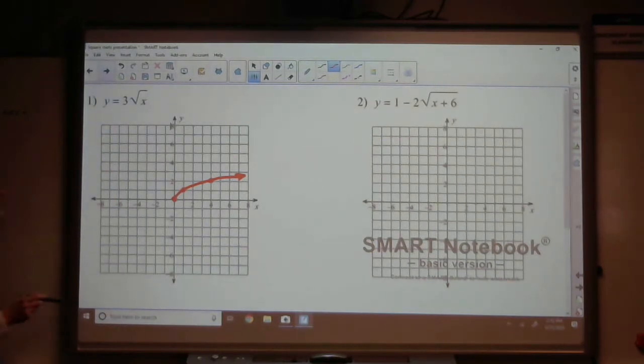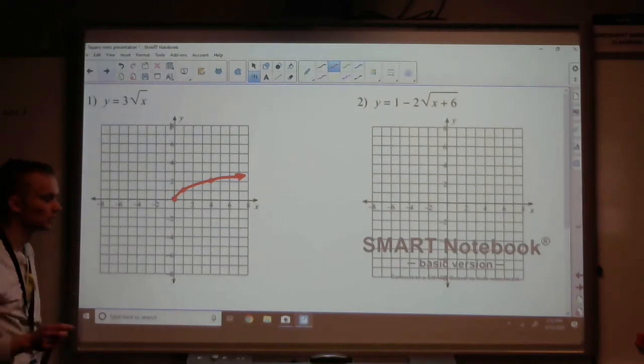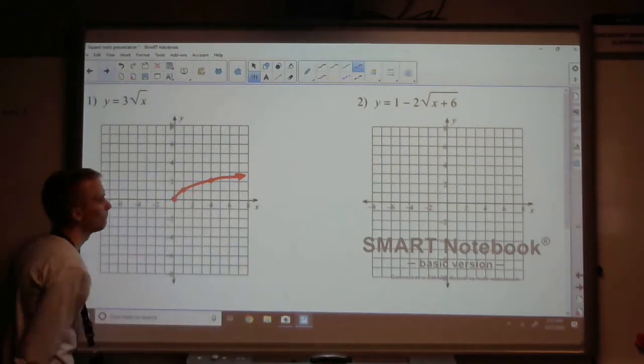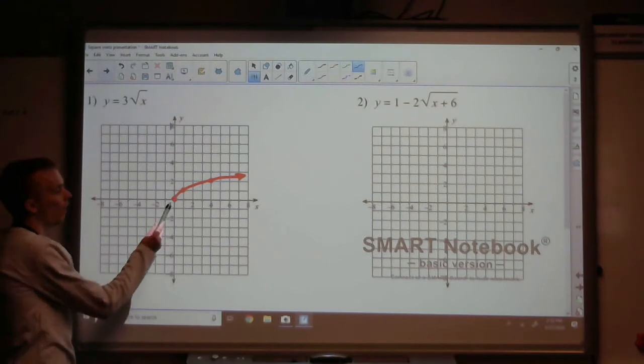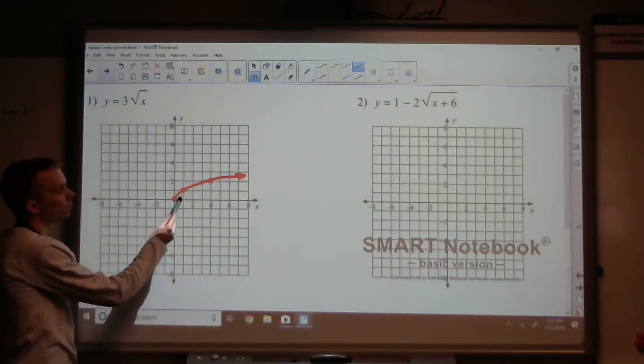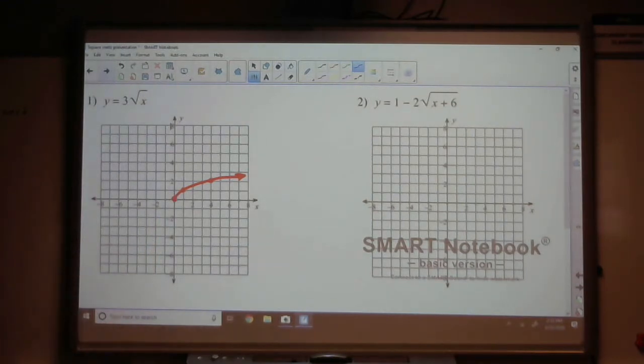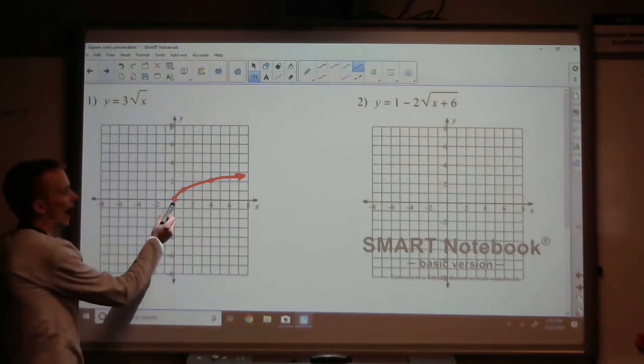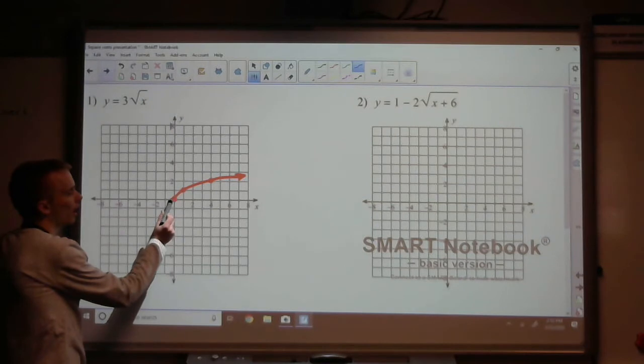Okay, when I times by a 3 in front, what is going to happen? All of the numbers, all of the y values are going to get 3 times bigger. Okay, so at 0, y was 0.